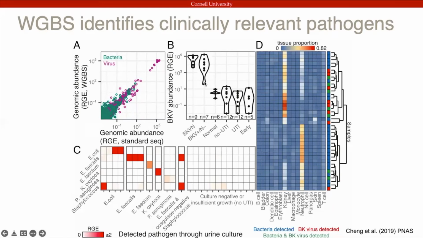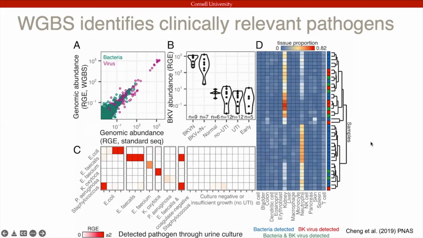We can again quantify the abundance of BK polyomavirus, and we're really only seeing it in these two subcohorts that have BK polyomavirus infection. In individuals that had positive urine cultures, we are also able to detect the pathogen that was identified through urine culture with high specificity and sensitivity.